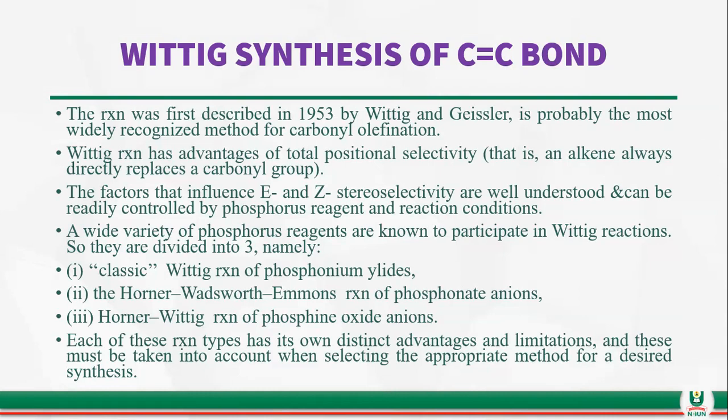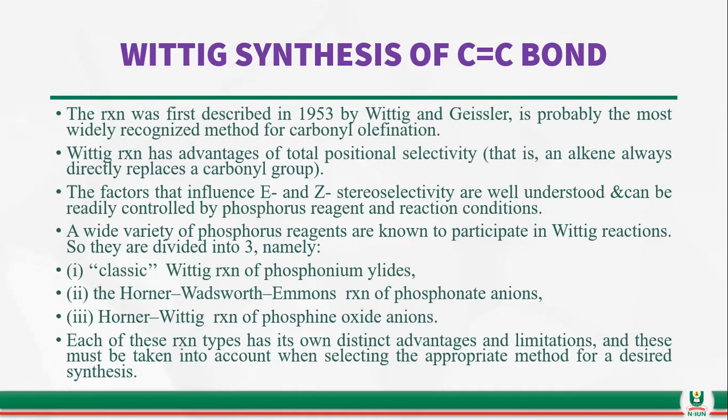Each of these specific types of Wittig depends on the precursor or the starting material that initiates the reaction. When you are using phosphonium halide, you are dealing with classical Wittig reaction. When you are using phosphonic ester anion, you are dealing with Horner-Wadsworth-Emmons reaction. And when you are using phosphine oxide anion, then that is the Horner-Wittig reaction.